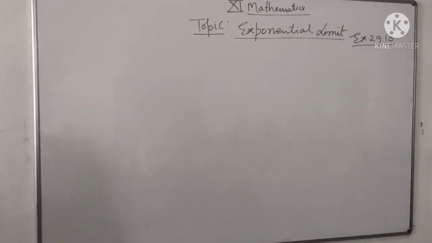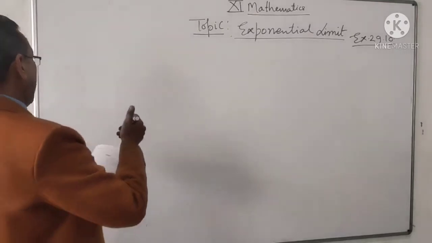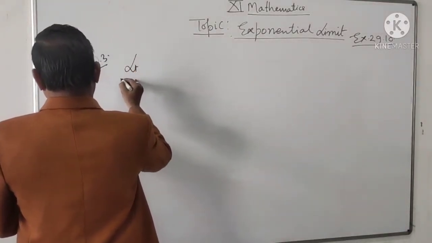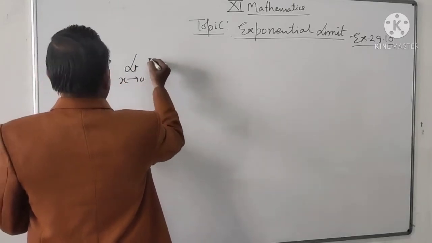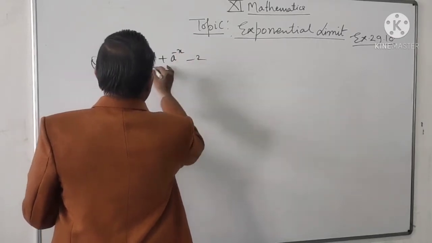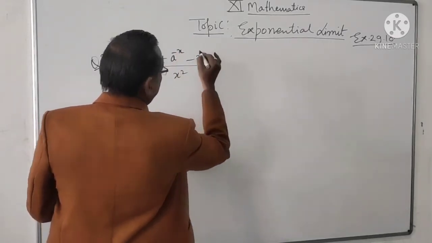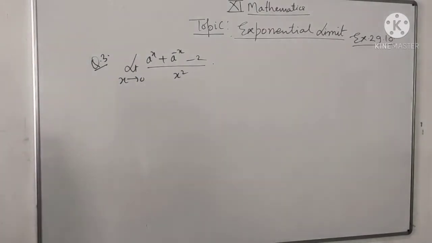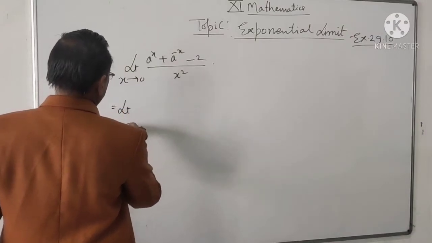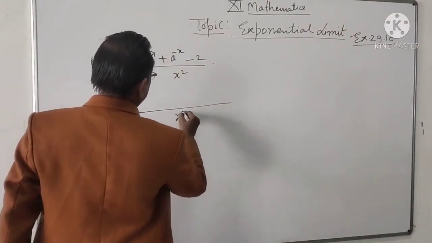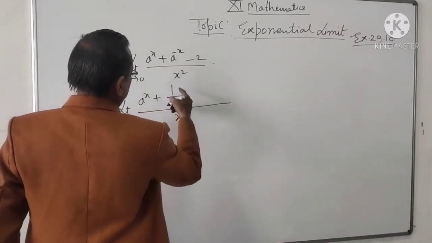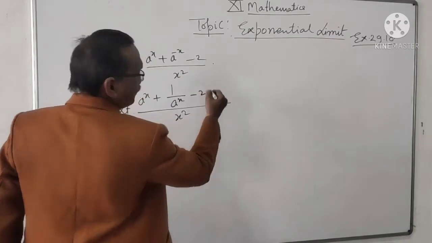Next is question 3. Limit x tends to 0, a power x plus a power minus x minus 2 upon x square. So we will write it as limit x tends to 0, 1 upon x square, a power x plus 1 upon a power x minus 2.